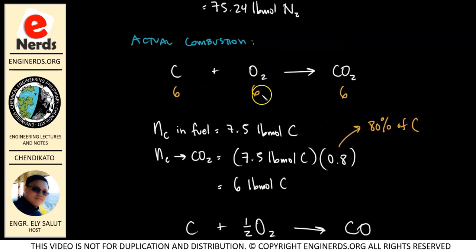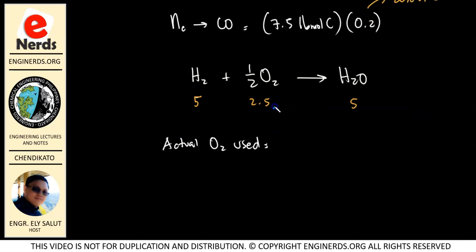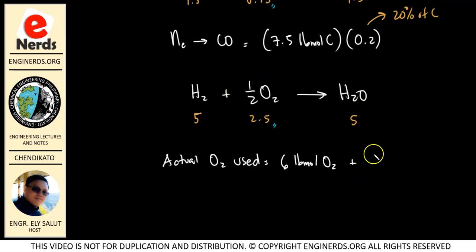So, we need to have 6 plus 0.75 plus 2.5. Okay, so yan ang ating actual O2 use. So, we have 6 pound mole ng O2 plus 0.75 pound moles ng O2 plus 2.5, okay? 2.5 pound moles of O2.